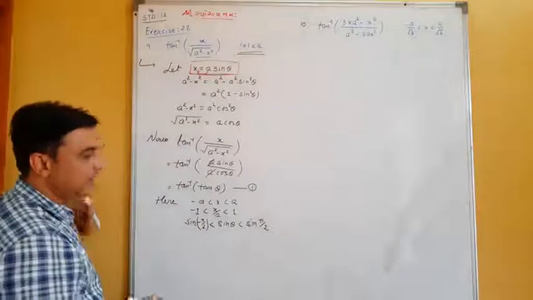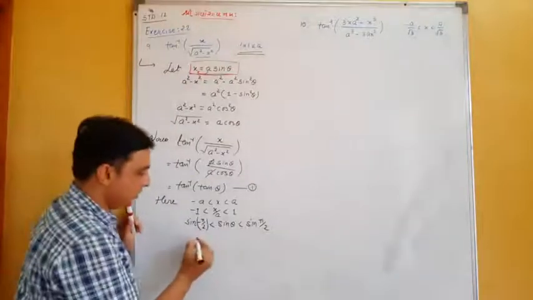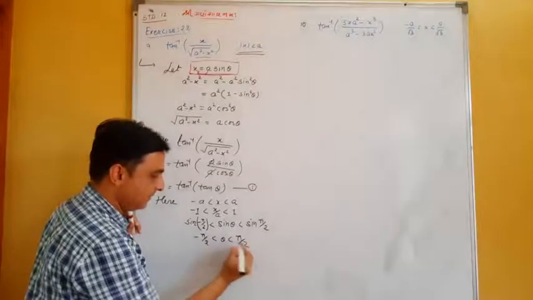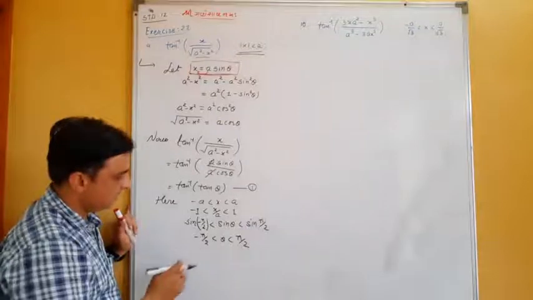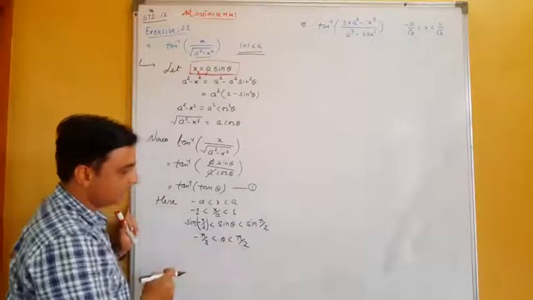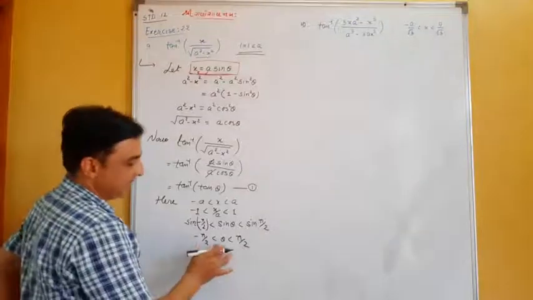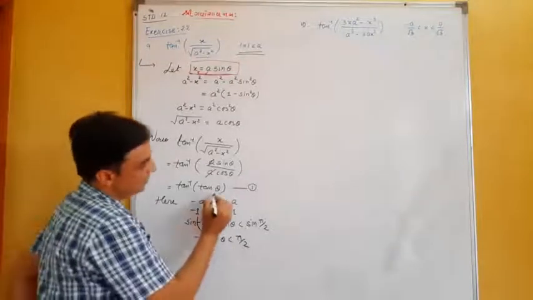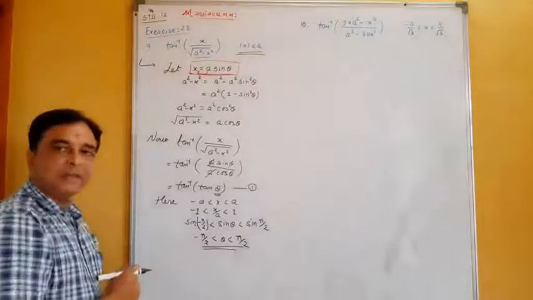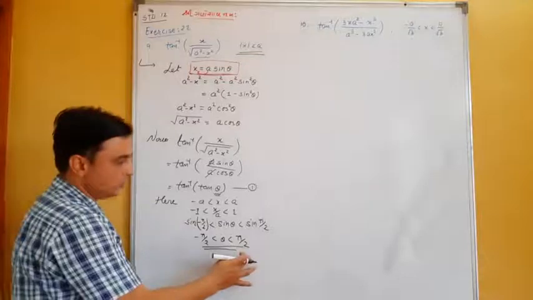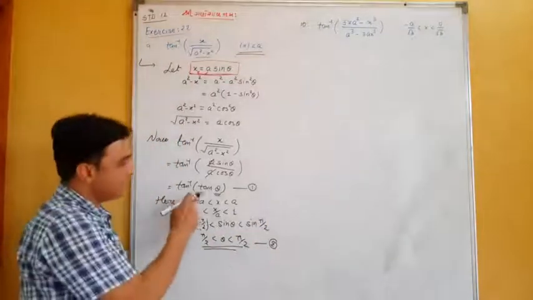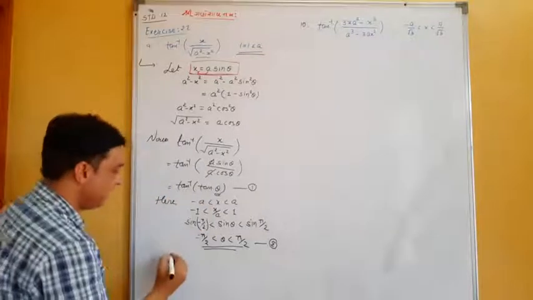Sin is an increasing function, so we have minus pi by 2 less than theta less than pi by 2. So theta lying in the domain or range of the tan inverse, minus pi by 2 to plus pi by 2. So by 1 and 2 we can say that tan inverse and tan will cancel, answer will be theta.